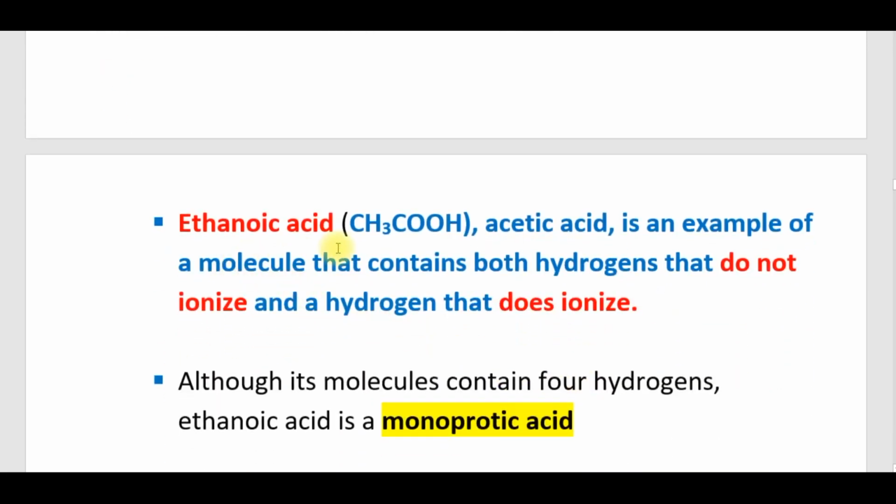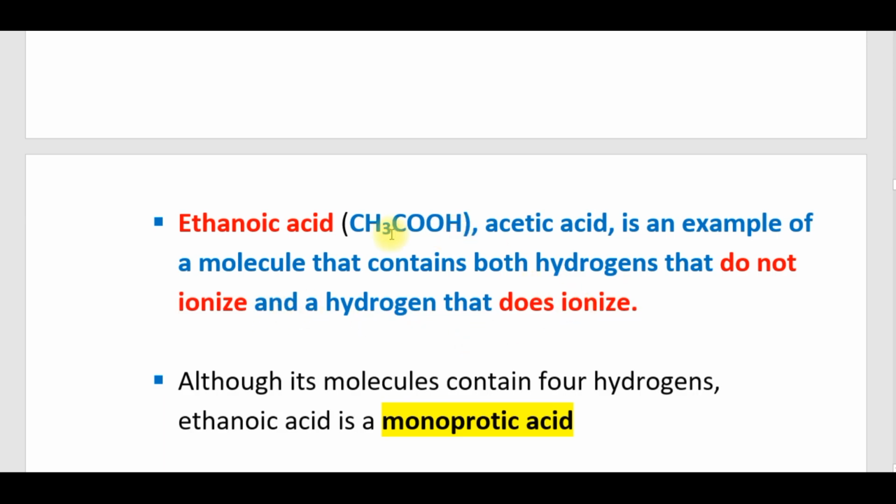Then next is ethanoic acid. Ethanoic acid is another example, CH3COOH, also called acetic acid. It is an example of a molecule containing both hydrogen that does not ionize and hydrogen that does ionize.